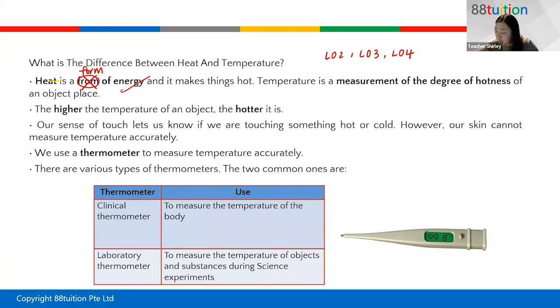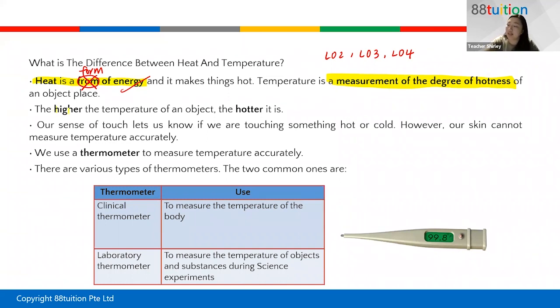Heat is a form of energy that makes things hot. Temperature is a measurement of the degree of hotness. So that's the difference. Heat is a form of energy, temperature is not. Temperature is a measurement, heat is not.